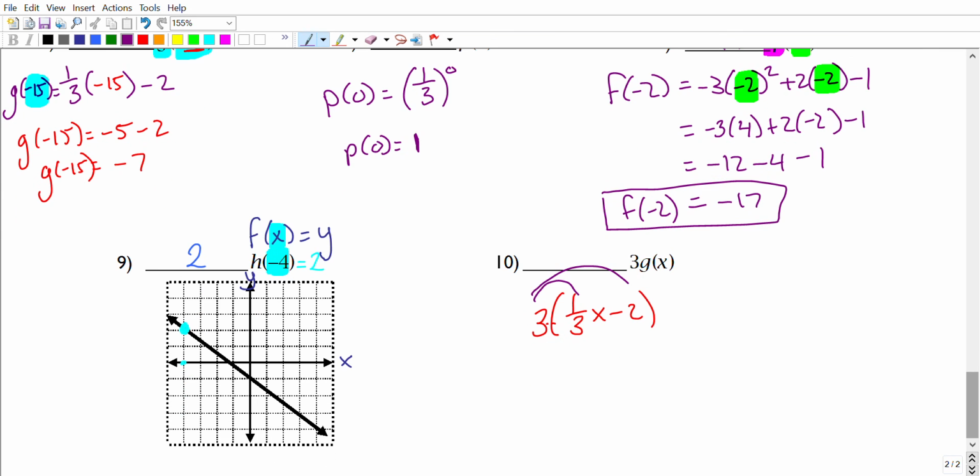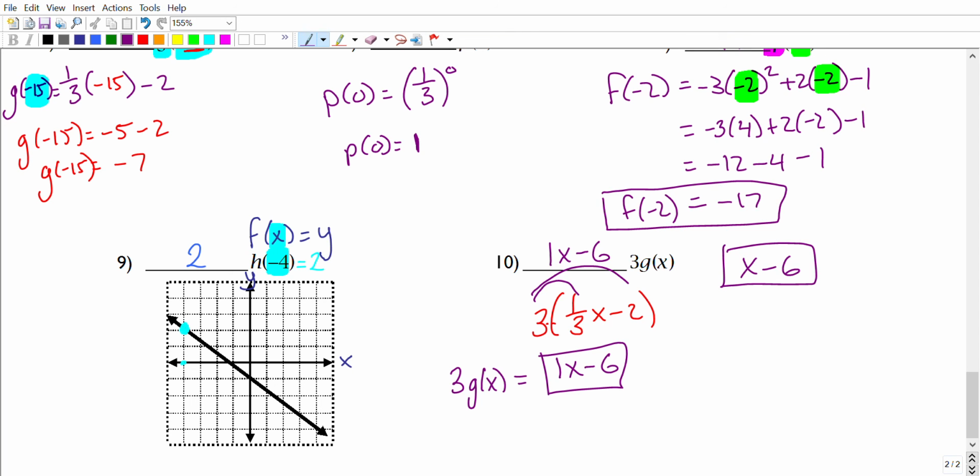So 3 times 1/3 is just a 1, so we have 1x. 3 times negative 2 is a negative 6. So our answer here, our 3g of x, was actually just equal to 1x minus 6. Or if you wrote x minus 6, that is also correct.